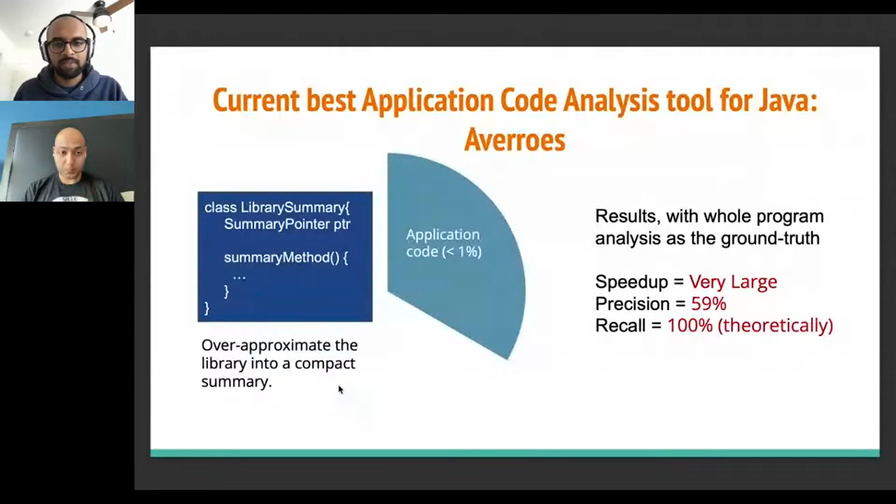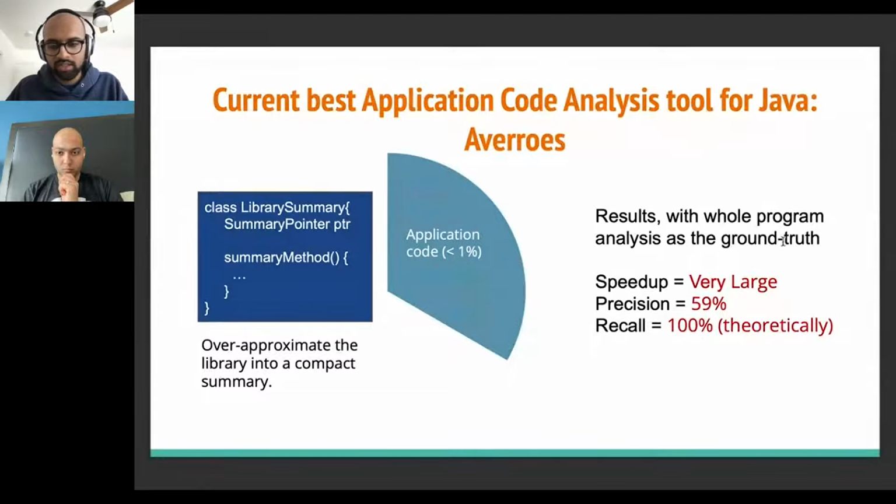The current best application code analysis for Java is Averroes. Here is an overly simplified view of how it works. There are many details that I'm leaving out, but this should be enough for the discussion. Averroes over-approximates the library into a really compact summary, and all the information from the library pointers is merged into a single summary pointer.